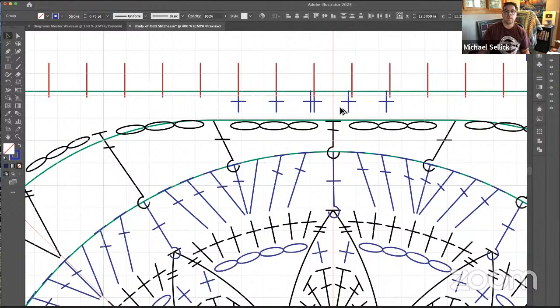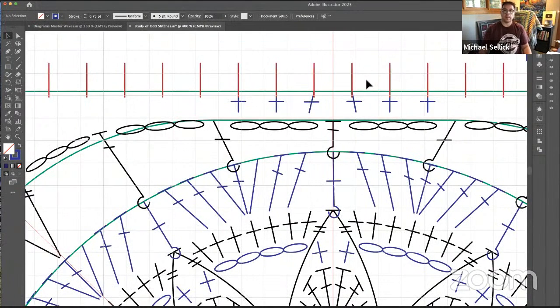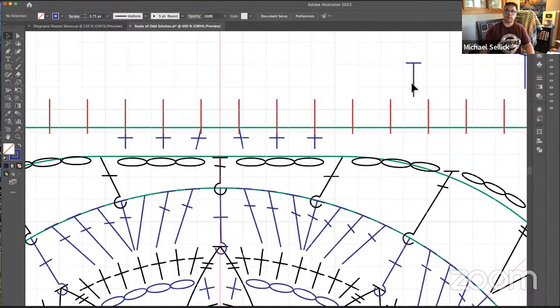So these guys are all equally spaced from each other. Okay, now we got some half double crochets to play with.